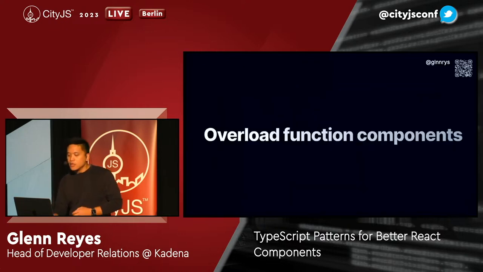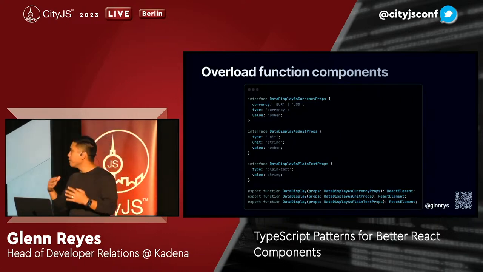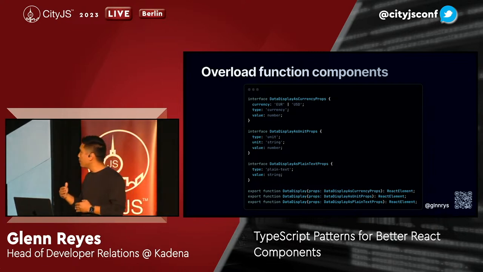Now, overloaded function components, what is that? It's a great way, similar to discriminating union types, to define different types that have props in common, or that have different props associated to some type.